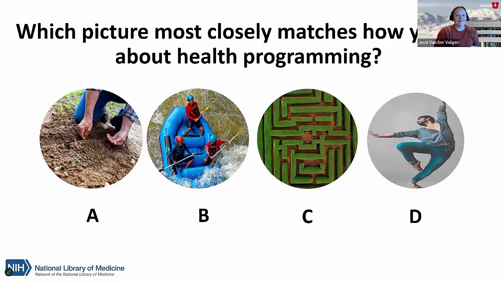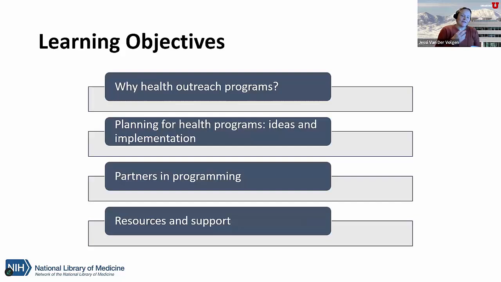Yeah. So we're hoping that today we're going to help you no matter where you're starting. We're going to talk about conducting health outreach programs for libraries and some other organizations. We'll create an initial plan for the development and implementation of health programming in your library with examples from big to small.